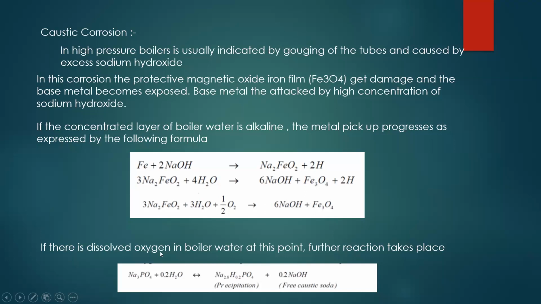If there is dissolved oxygen in the boiler water at this point, further reaction takes place. Na3PO4 plus 2 molecules of water is going to make a precipitation, Na2HPO4 and sodium hydroxide, that is caustic soda.